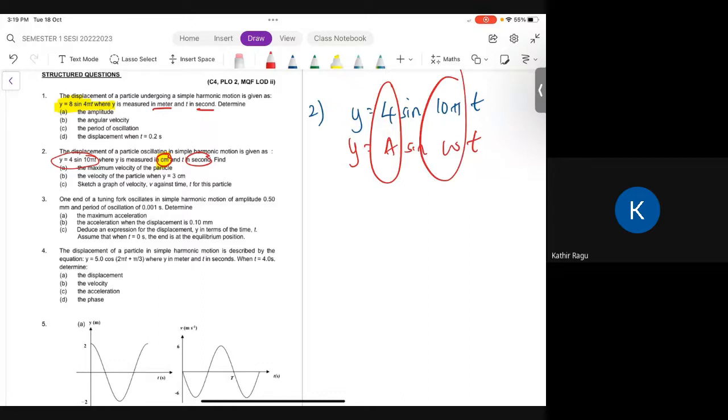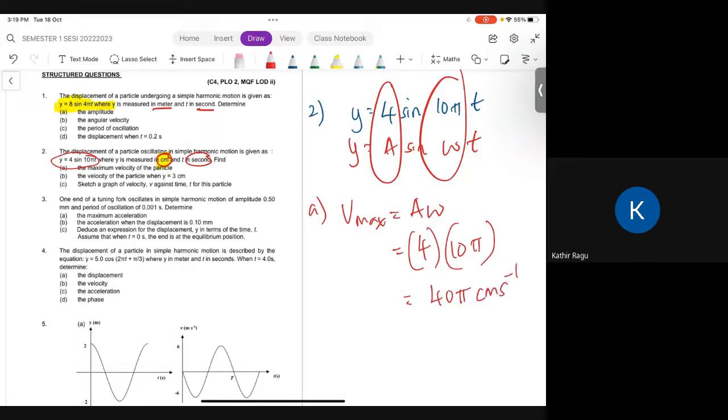Okay, soalan pertama dia minta adalah out. So kita nak cari Vmax. So Vmax sama dengan out. So AU adalah 4 please be careful ini dalam cm. So omega U adalah 10 pi. So you akan dapat 40 pi, unit adalah cm as negative 1.